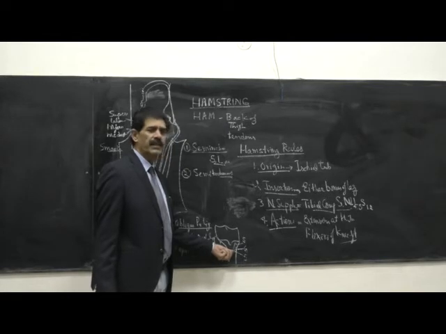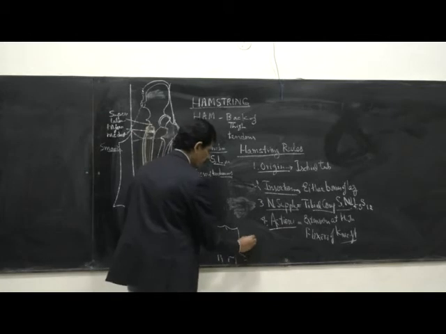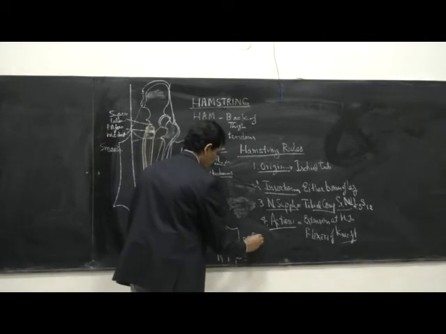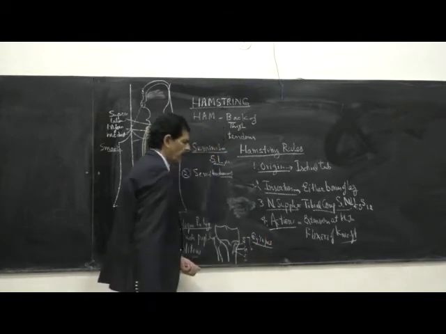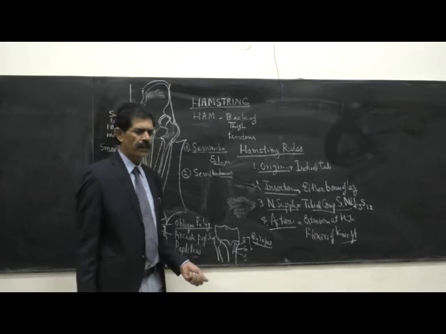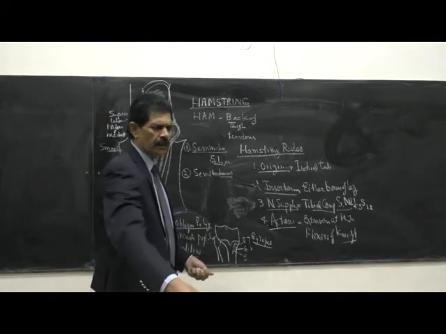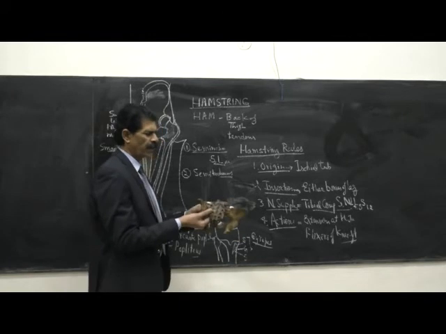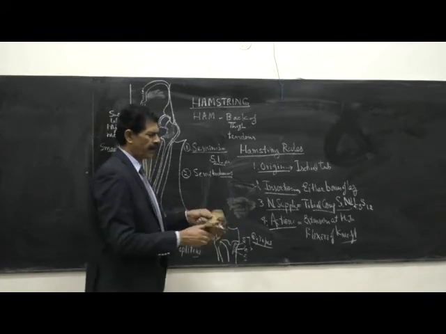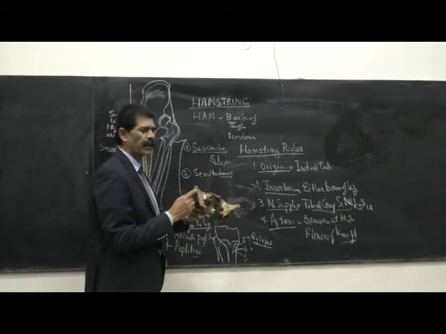And if you trace these three muscles, they are also called the guy ropes of the hip, because this sartorius, for example, takes origin from the anterior superior iliac spine, that is from the ilium.